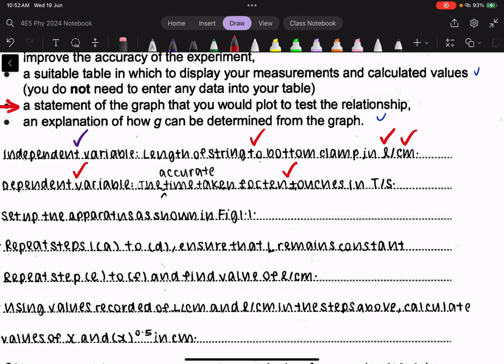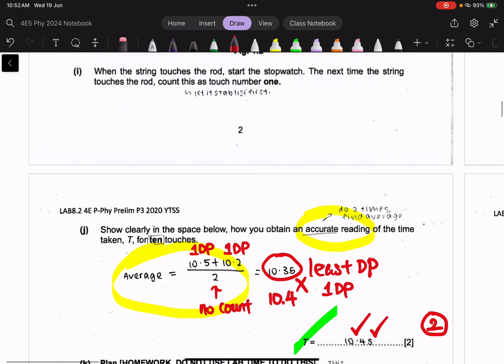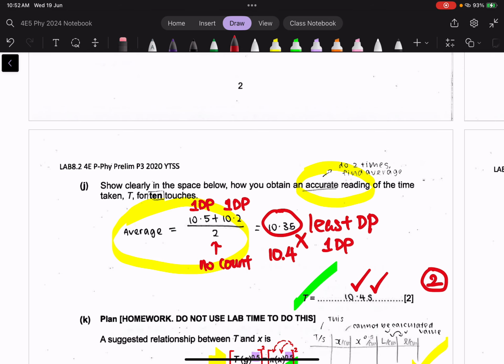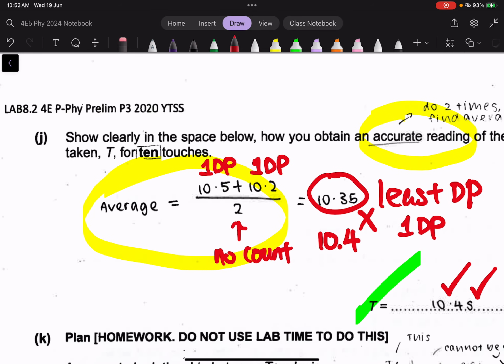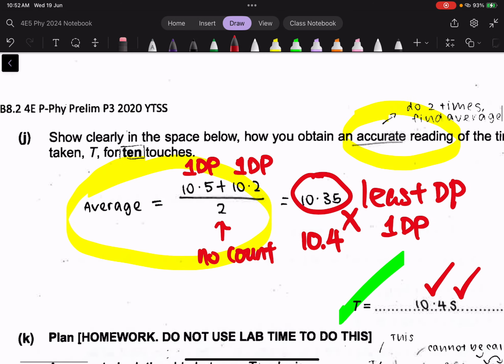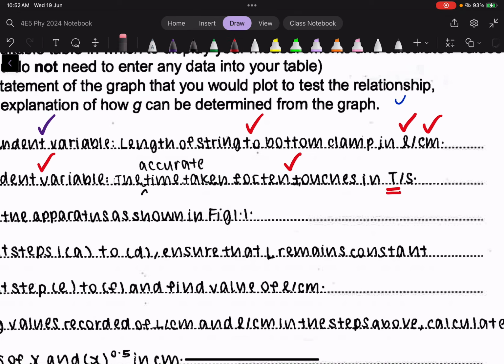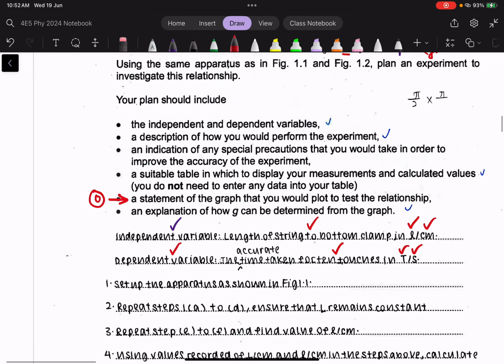For 10 touches, I feel that the letter here is not big T. I think it is small t, right? Or T for 10 touches. Oh, time taken T for 10 touches. Okay, so it is big T. Usually it is given as small t. So this one is correct. So I will give 1 mark for this already.